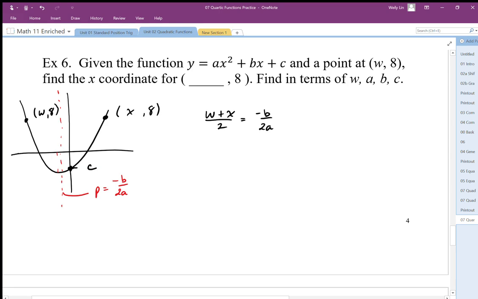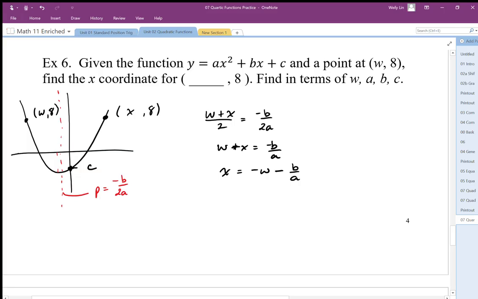And I'm just solving for x. So I get (w plus x) over 2 is equal to negative b over 2a. I'm going to multiply both sides by 2. Solving for x, I get negative w minus b over a.